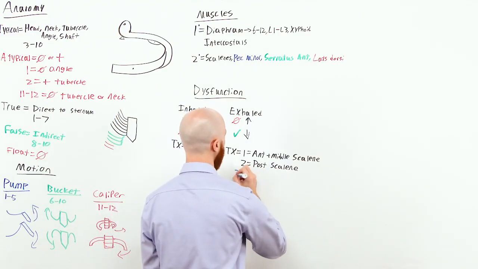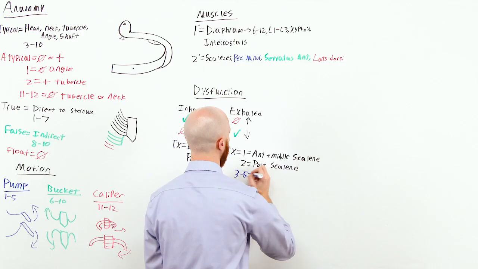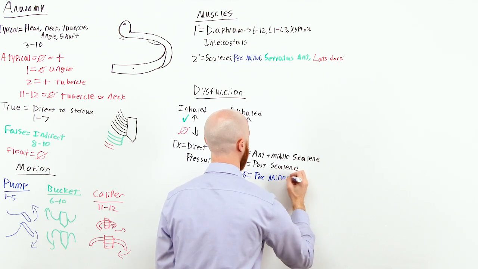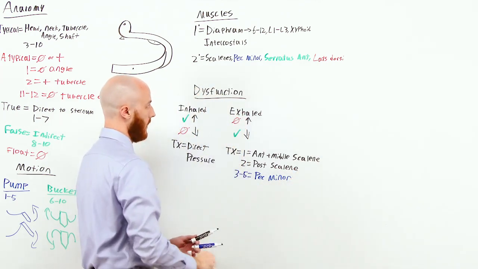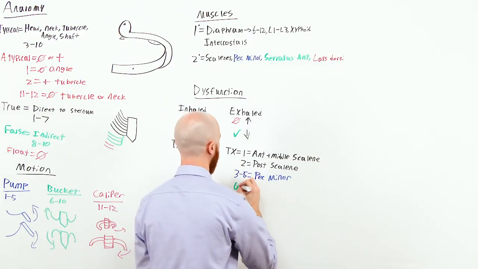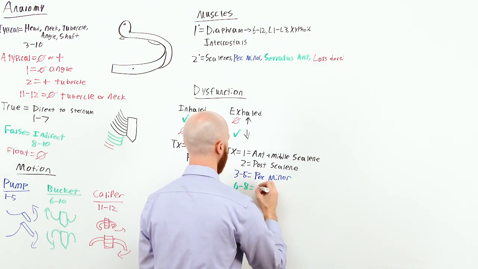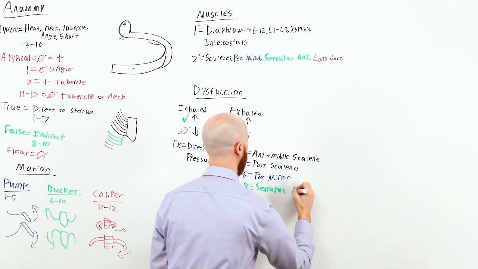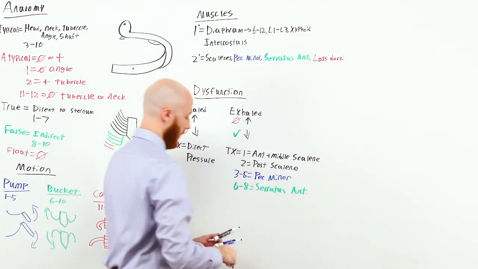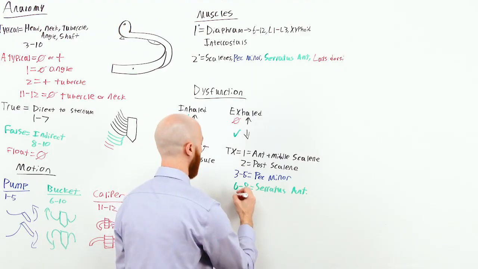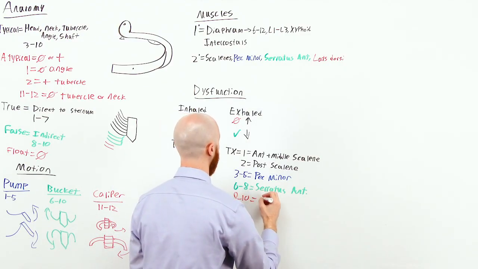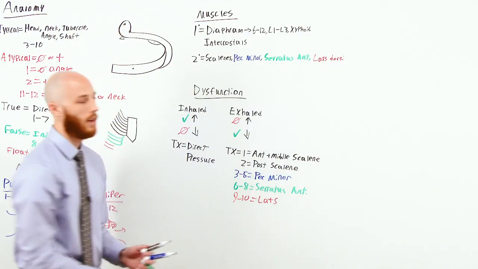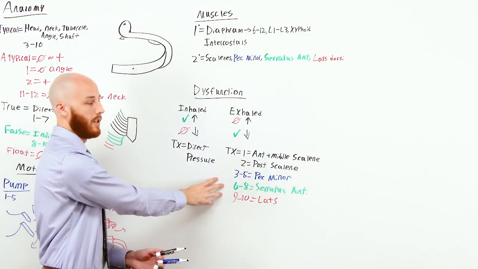So ribs 3, 4, and 5, we're going to use pec minor. For 6, 7, and 8, we're going to use serratus anterior. And then for ribs 9 and 10, we're going to use the lats. Those are the muscles that you're going to use during your treatment.